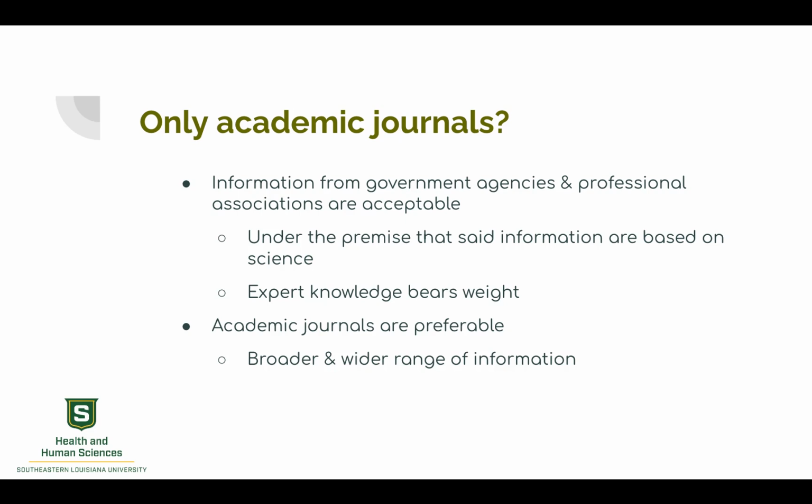For someone who is a beginner researcher trying to find academic articles, I always lean towards getting people to master what it is like to look for papers in academic journals, because there's a broad and wide range of information, whereby you can get quite a lot of the things that you want, as against going to government websites.